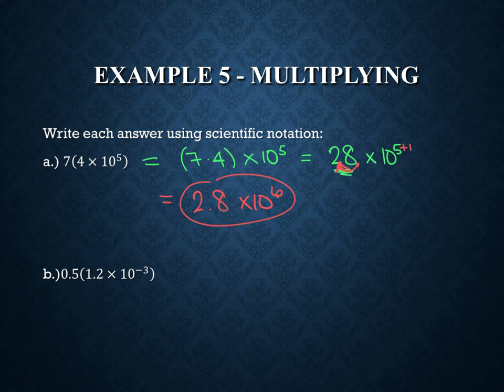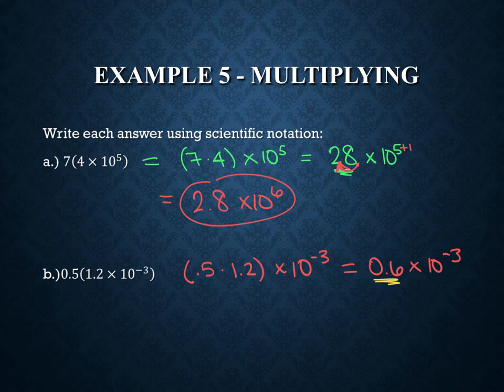Likewise, for part B, I'm going to multiply 0.5 times 1.2, and I'm still going to maintain my times 10 to the negative 3rd. When I simplify that, I end up with 0.6 times 10 to the negative 3rd, which is great.